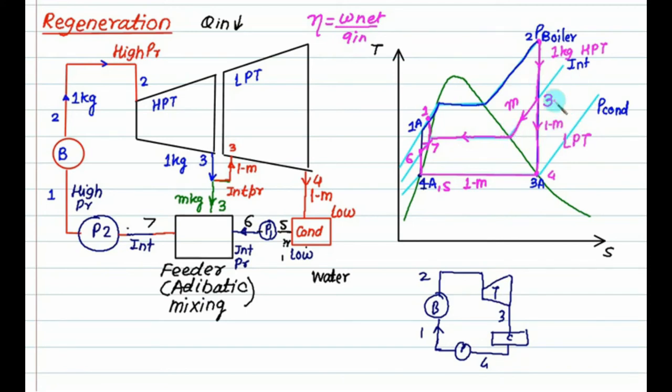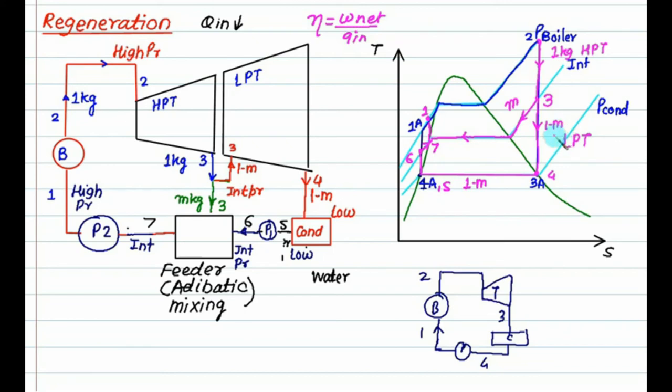But in the actual case, the W net will be lower as compared to the simple turbine, because in the simple turbine we move from 2 to 4, and during that process the mass is 1. Now the same path is traveled, but one time the mass is 1, and for the remaining time the mass is less than 1. So naturally the work developed in this case is less as compared to the simple Rankine.